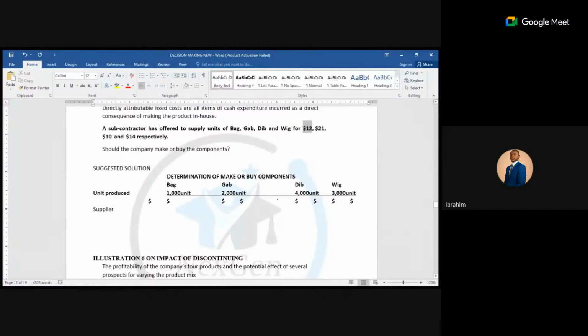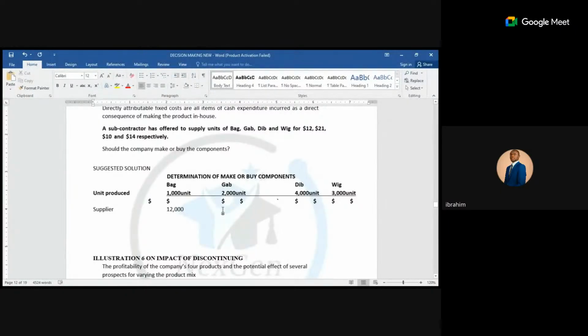At 12 naira per unit. Now multiply the 12 naira. The first one is for bag. Multiply it with the unit. What do you have? 12 times 1,000. What do you have? 12,000. This will give us 12,000.